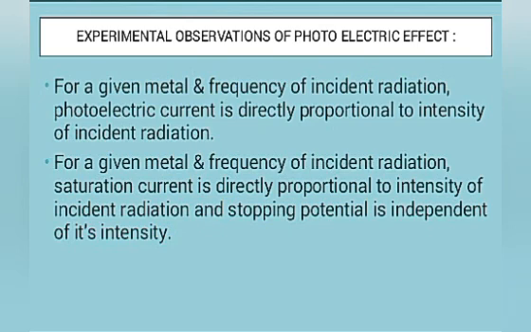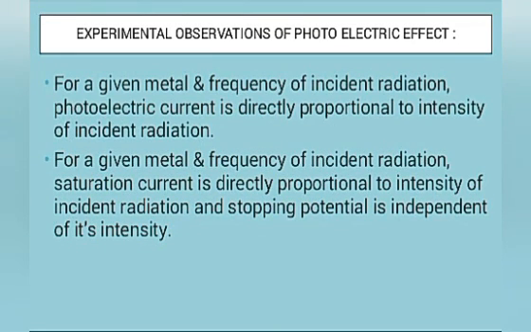First one: for a given metal and frequency of incident radiation above the threshold frequency, photoelectric current is directly proportional to the intensity of incident radiation. Do you remember the first case and also the graph nature?